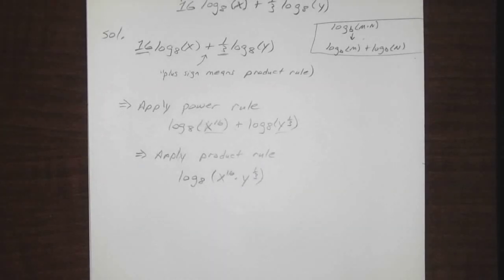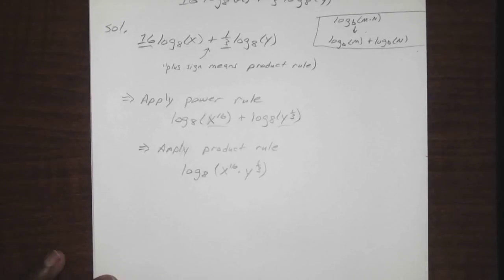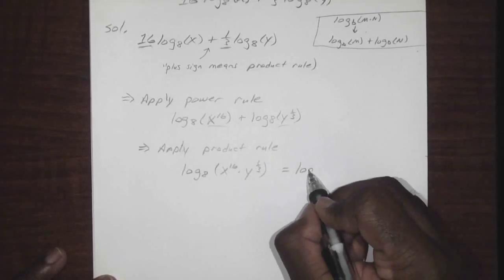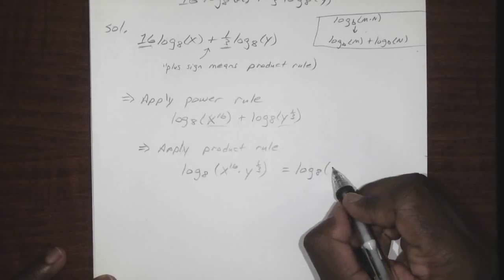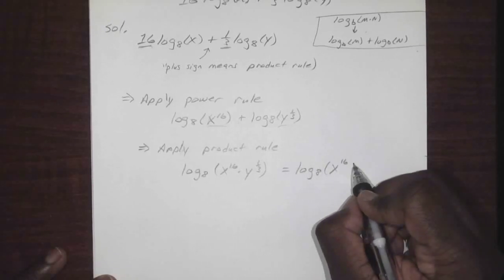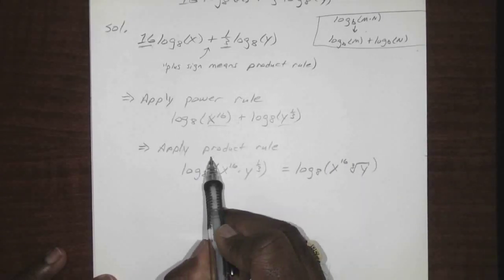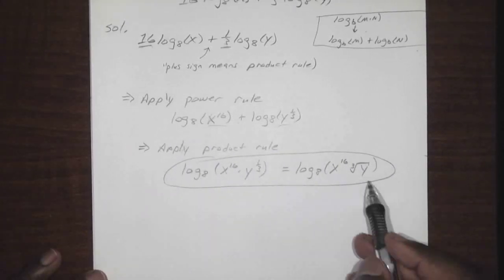You're just multiplying them now. Okay, so actually you can leave it like that, or you can just make it log base 8 of x to the 16th and cube root of y. Okay, so either one of those will work.